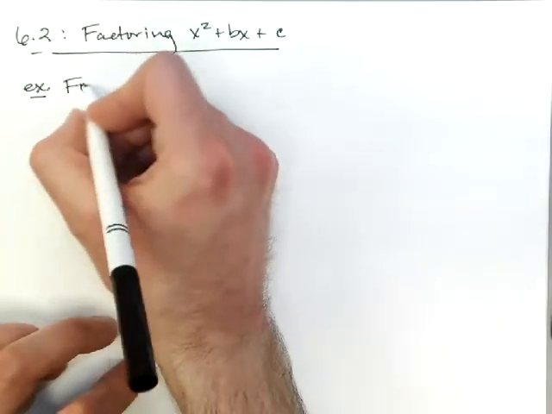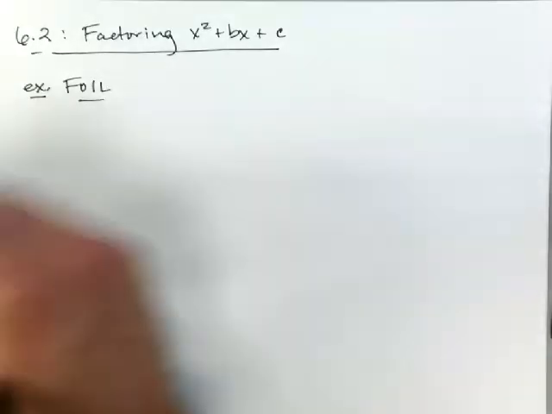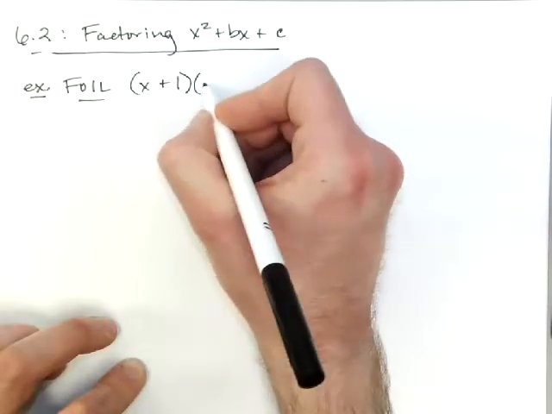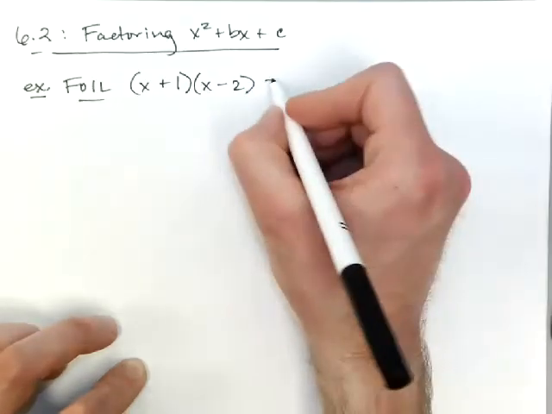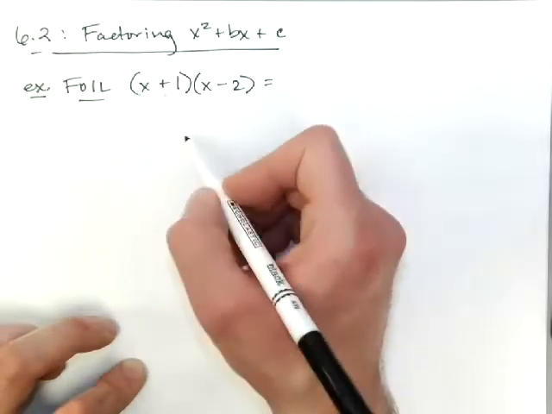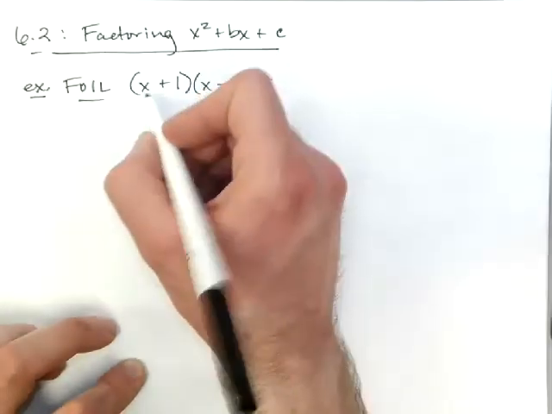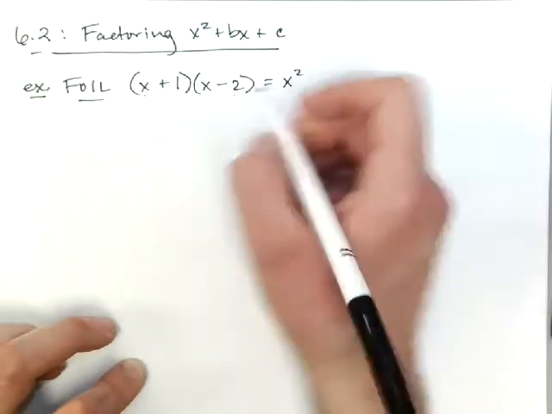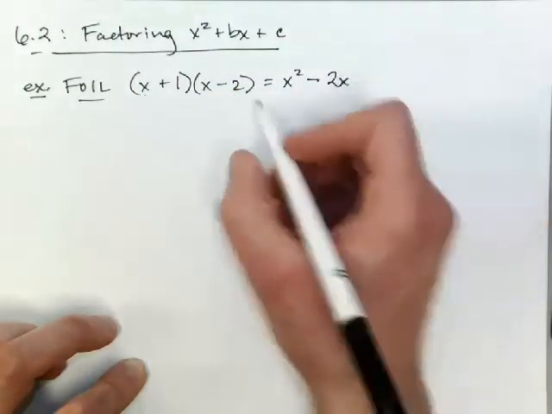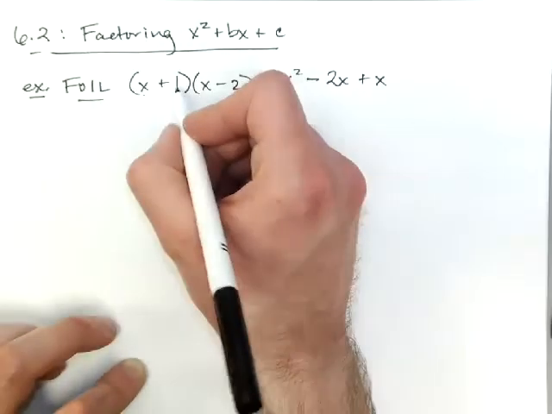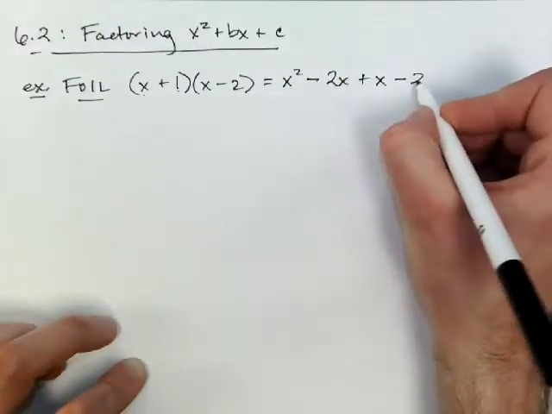So just to see what we're getting at here, recall that when we FOIL, say, x plus 1 times x minus 2, initially we get 4 terms, right? 2 times 2 gives us 4 things. So we get x times x is x squared, x times negative 2 is negative 2x, 1 times x is just x, and 1 times negative 2 is negative 2.